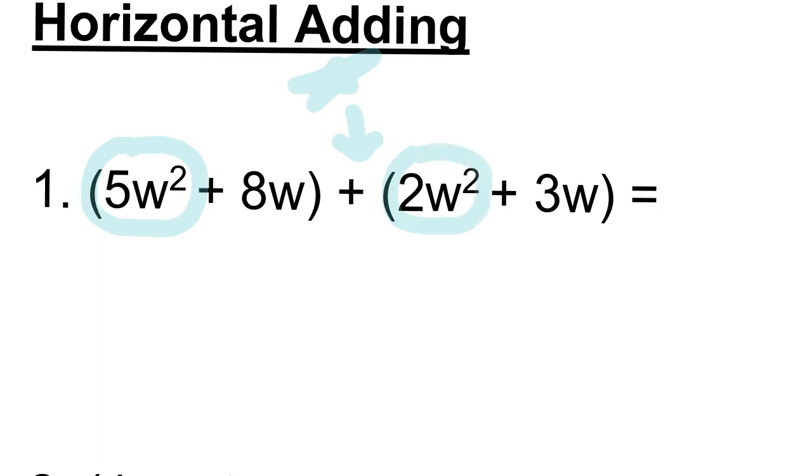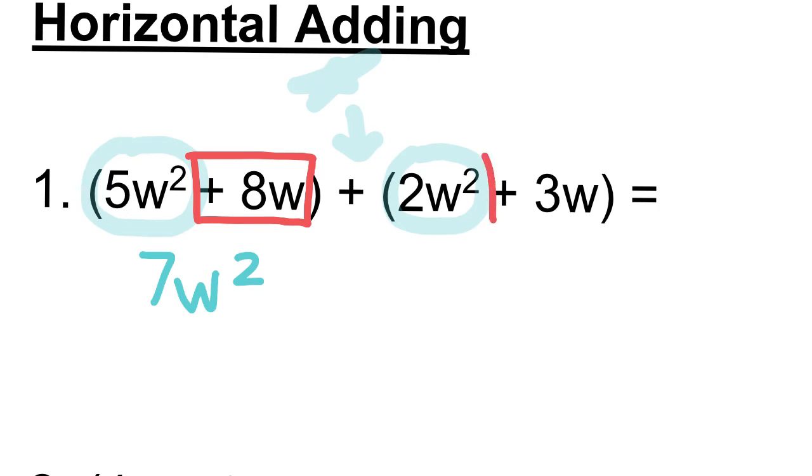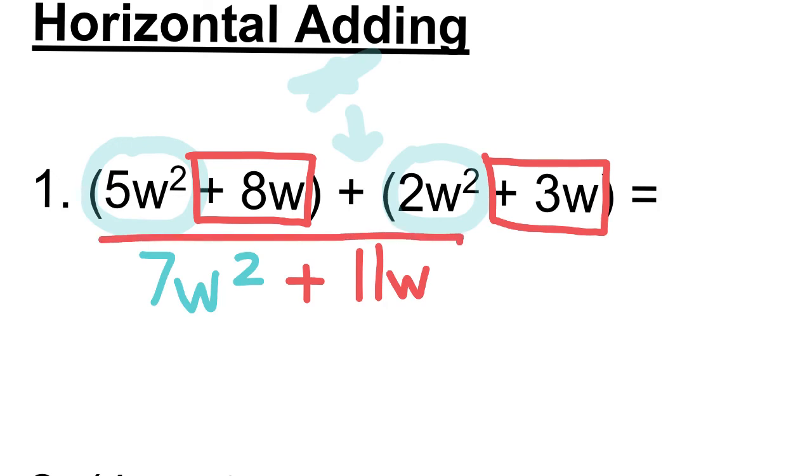So we're adding the coefficients. 5 plus 2 is 7, so 7w squared. Then for the next two terms, we have 8w, and that is like 3w. So we add the coefficients. 8 plus 3 is 11, so it would be 11 times w, which is the same one that we just did, except now we've done it horizontally.